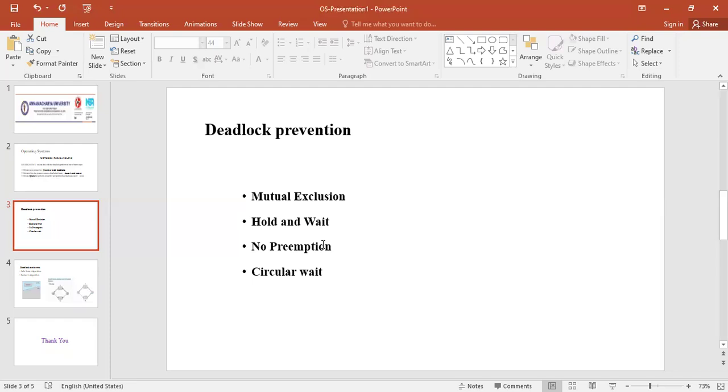For example, when we need to differentiate based on two protocols, consider a process that copies data from a DVD drive to a file on disk, sorts, and then prints the results. If all resources must be requested at the beginning of the process, then the process must initially request the DVD drive, next the disk file, and then the printer.